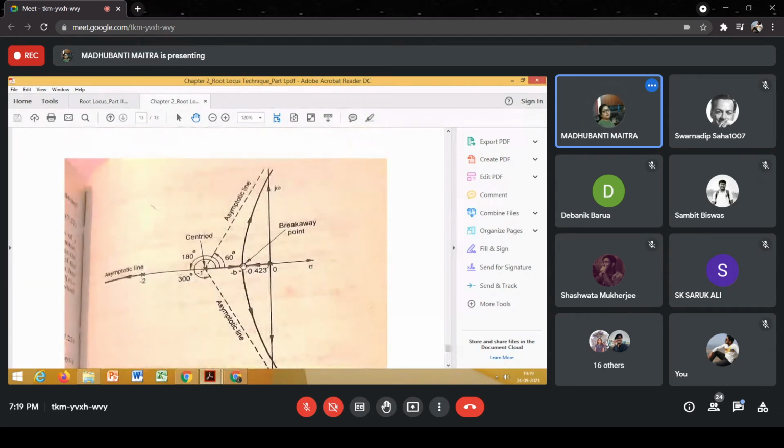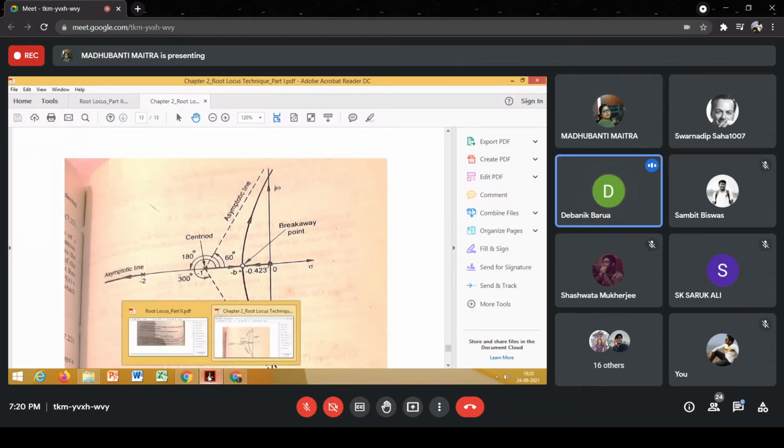Here also you see the initial breakaway direction. Two root branches are approaching each other, and the initial breakaway direction is plus minus 90. Clear? The breakaway direction is plus minus 90 degrees. Clear?